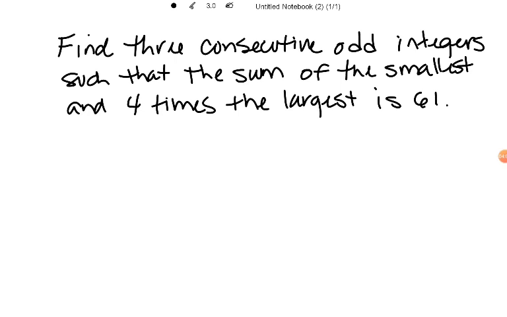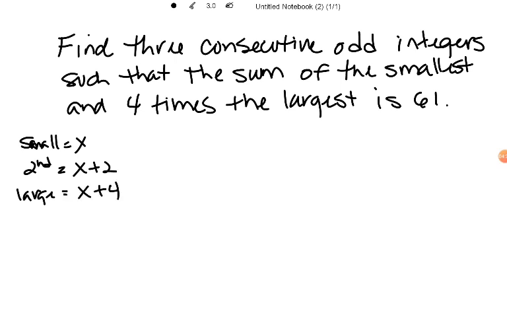So let's assign our integers. So the smallest is going to equal x. Then the second is going to be x plus 2. And then our largest is going to equal x plus 4 because it was 3 consecutive odd integers.